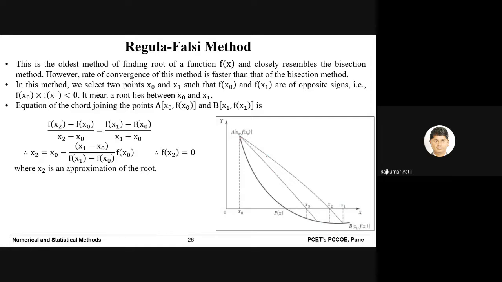Once you draw this straight line, we will have 3 points: A, this particular point corresponding to x3, and this particular point, let's say, as I already mentioned, C. So again, for this particular straight line, we will prepare an equation like this. And this time, this equation will be x3 equal to whatever terms will be on the right side. So this is how we can reach the next approximation.